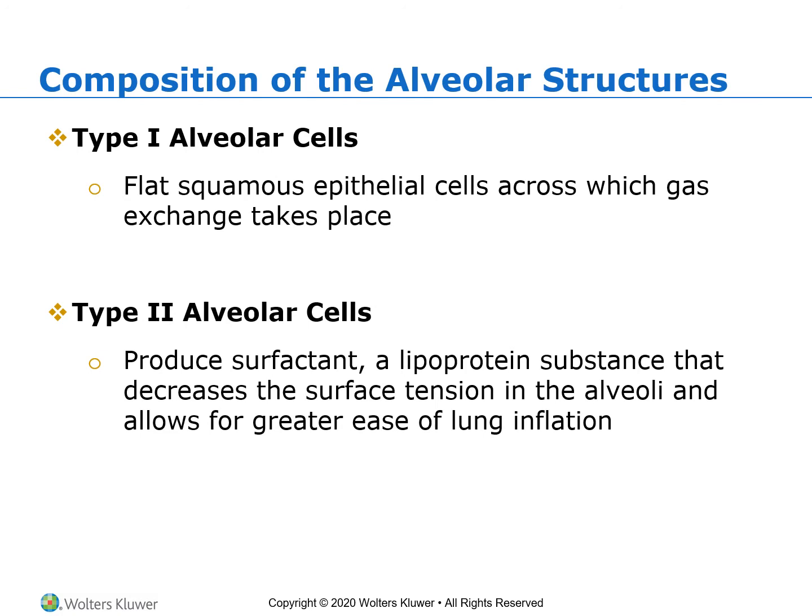So remember we talked about alveoli as the terminal air spaces of the respiratory system where gas exchange really takes place. They're cup-shaped and thin-walled. They're separated from each other by thin alveolar septa, like a kind of interstitial space.